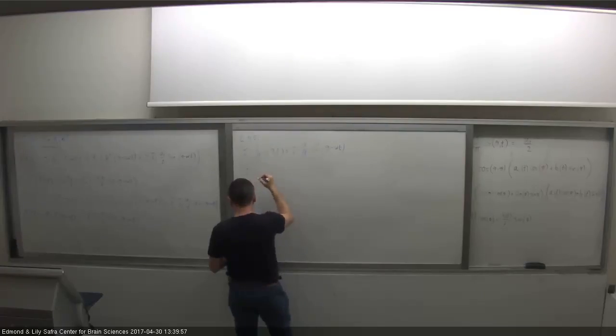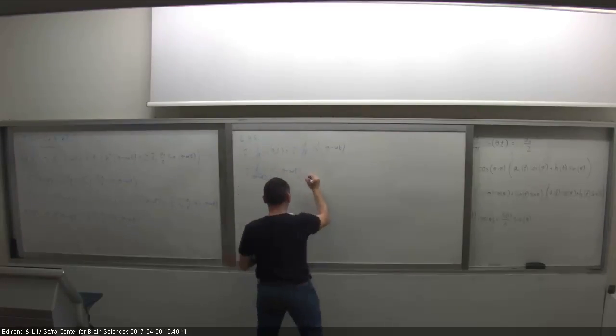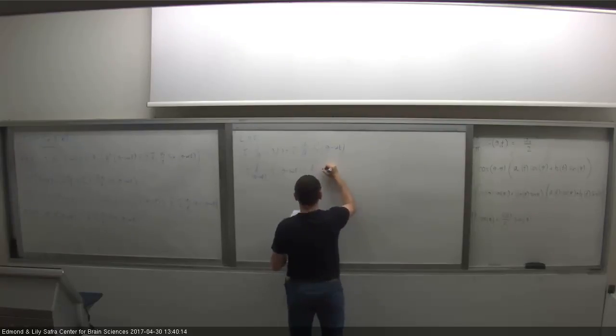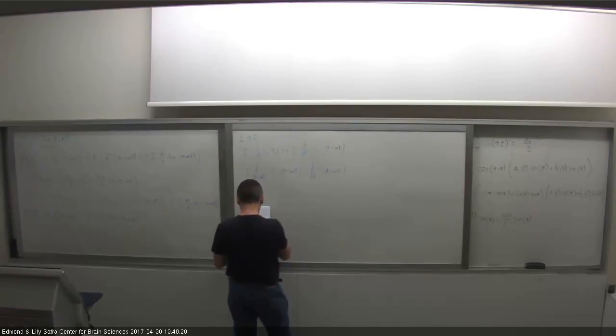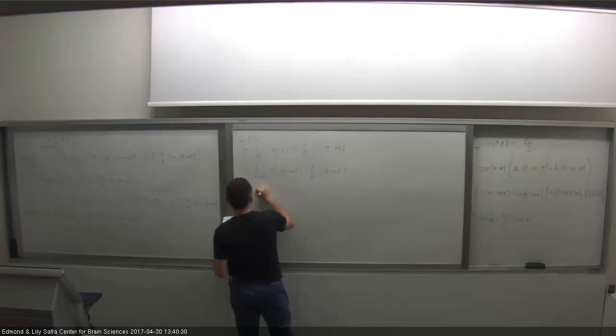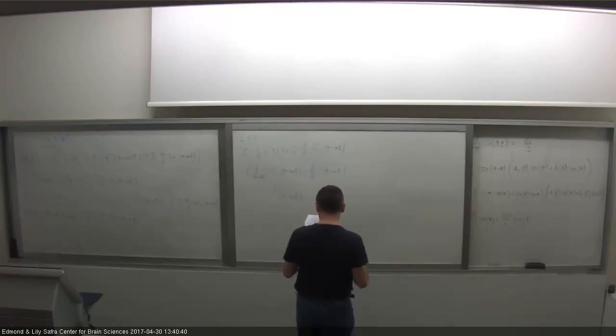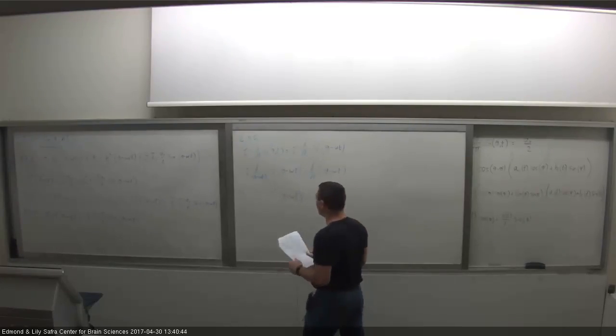So we can write it as the derivative with respect to theta minus wt of this, s times d dt of theta minus wt, equal to tau, the derivative of s times minus w.